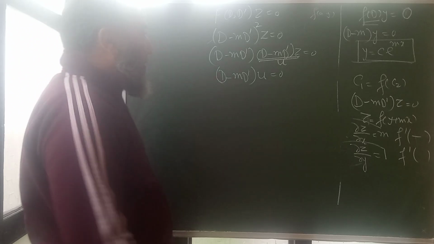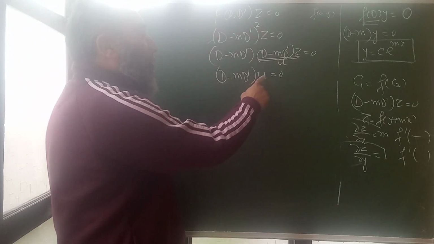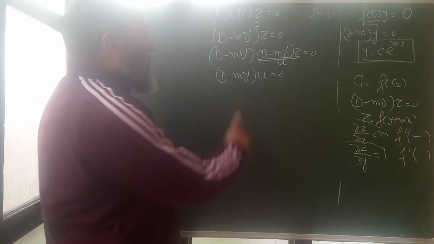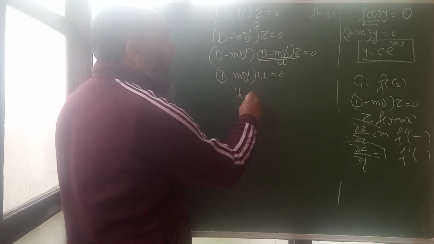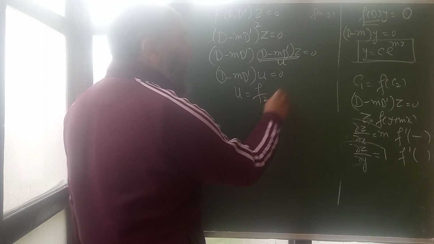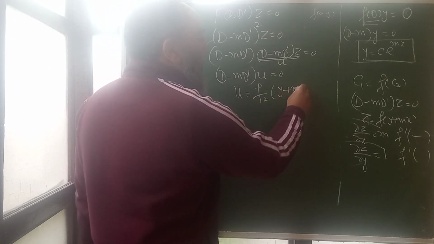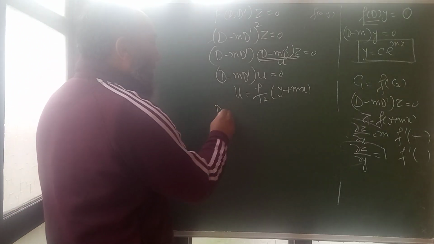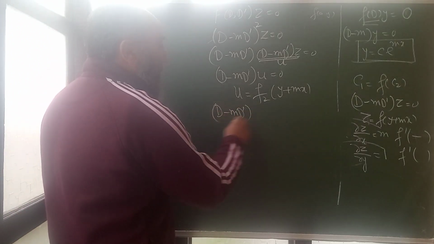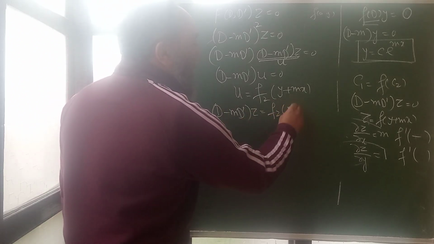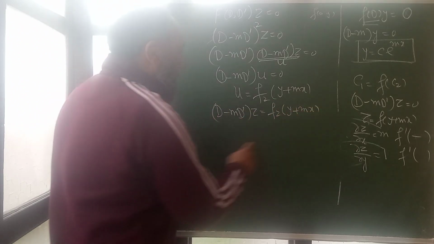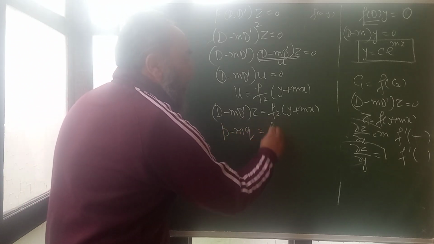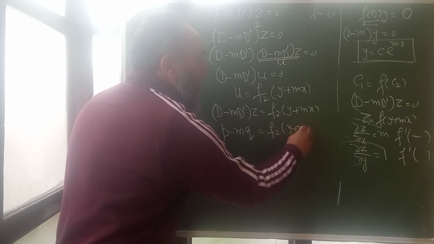You have seen that if I have a factor of this type, then z is given by a function of y plus mx. Now, if this is operating on u, I have u equal to, say, f2 of y plus mx. Fine? But what is u? U is D minus mD dash operating on z, equal to a function of y plus mx.